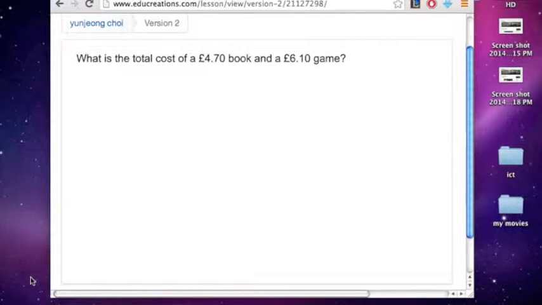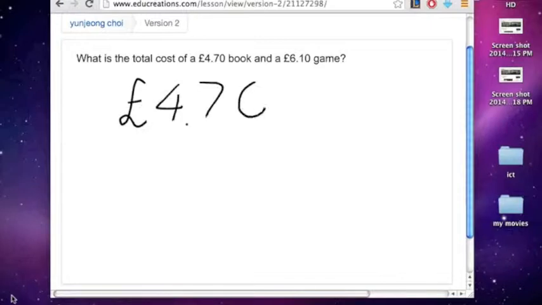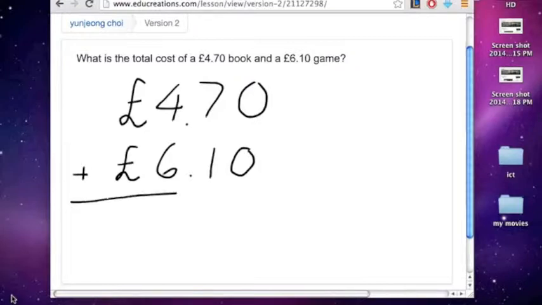Yeah, total is add. Okay, I'll write it. So £4.70 and £6 and 10 pence. We did a plus because it said total cost.